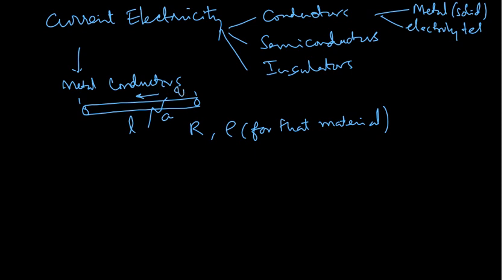The way they measure it is the current passing through a particular cross section, the current across the area. The current is defined as the net charge flowing through a specific cross section area in a given time.